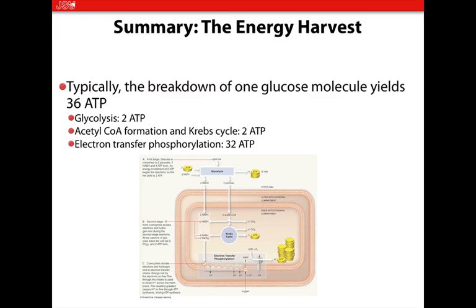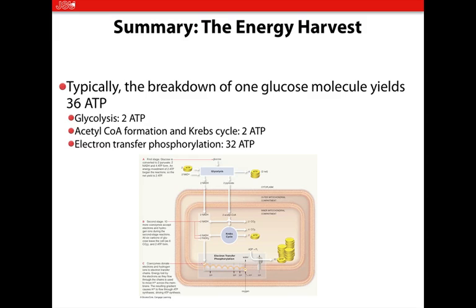Moving down on the diagram, we see electron transfer phosphorylation. Our coupons, our NADH and FADH2, enter into that electron transfer phosphorylation. They give up their protons and electrons, and they produce a lot of ATP as a result.